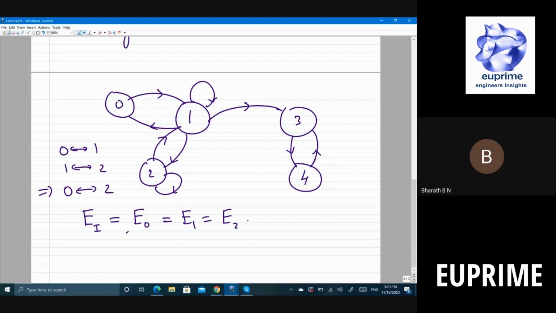Okay. What about E3? Sir, here 0 cannot talk with 2 directly. So how is E0 equal to E2? You remember the definition. So what do you mean by 0 talking to 2? That means P0,2 in some step n is greater than 0. For example, I'll just give everything as half, okay?